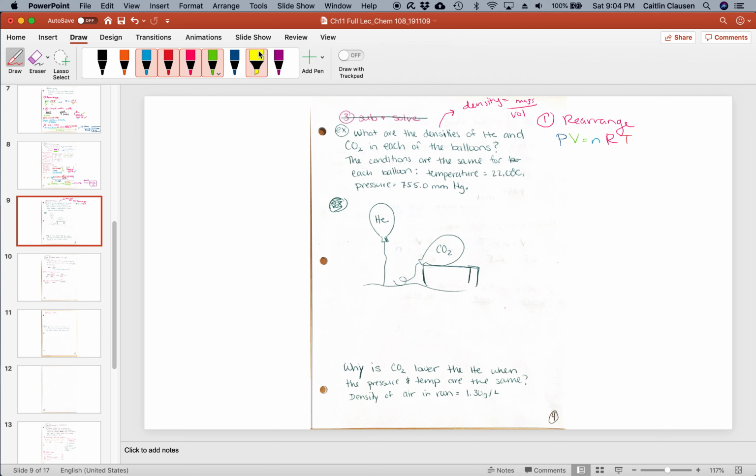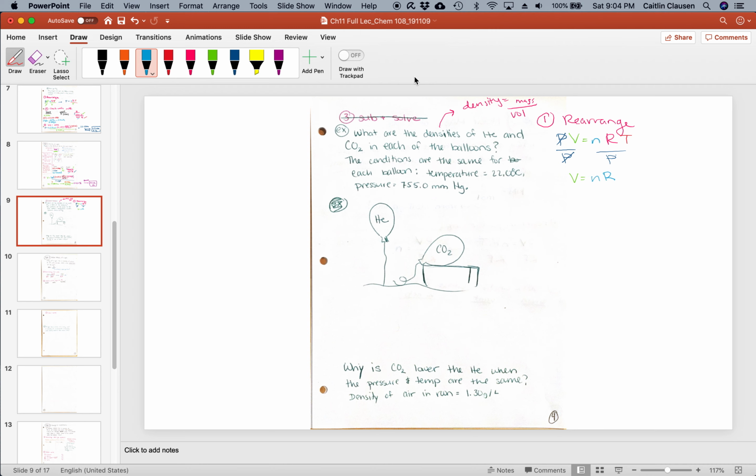And if I rearrange this for volume, you have to divide on both sides by pressure. You don't have to do this step every time, you could do it in your head, that's fine. I'm just reiterating it because it can get a little overwhelming.